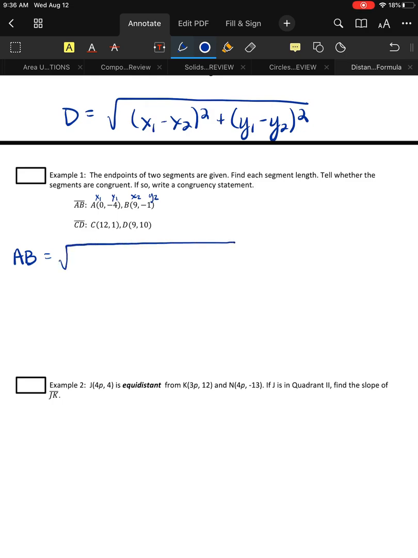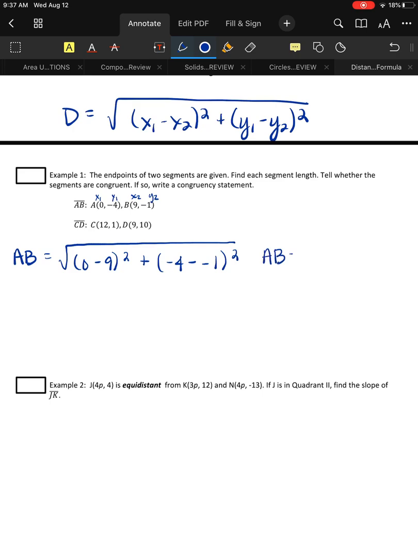So AB is equal to the square root of, well, we're going to substitute in our x's. So 0 minus 9 quantity squared plus the change in our y's, negative 4 minus negative 1 quantity squared. Then you need to use your order of operations and simplify this.